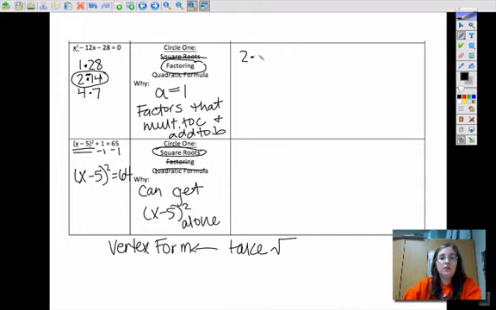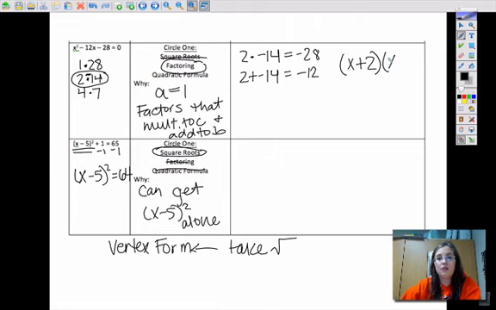So I know that 2 times negative 14 will be negative 28, and 2 plus negative 14 will equal negative 12. So that means my factors are x plus 2, because it's a positive 2, and x minus 14, that's a negative 14. There's my factored form. And then from there, that means that my solution is x equals negative 2 and x equals positive 14. All right?